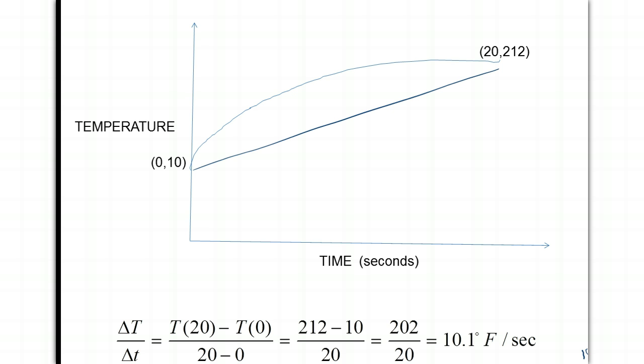So the slope of the secant is 10.1 degrees Fahrenheit per second. So I know at least one time that this temperature was increasing at that rate. It's kind of intuitive, actually.